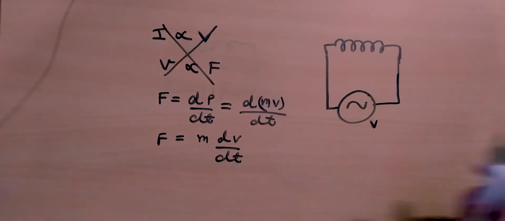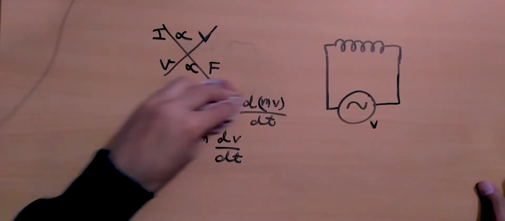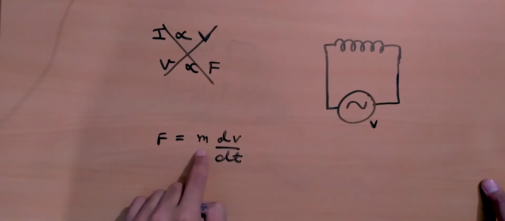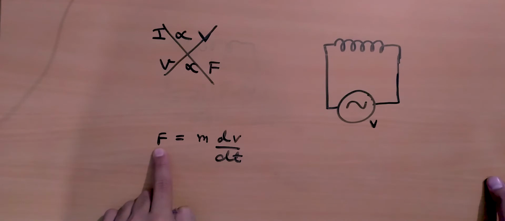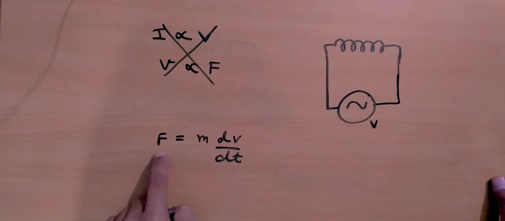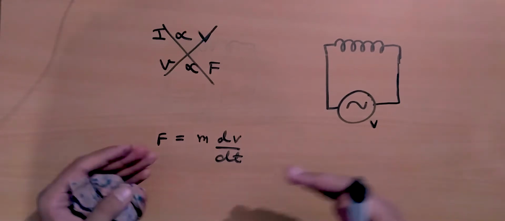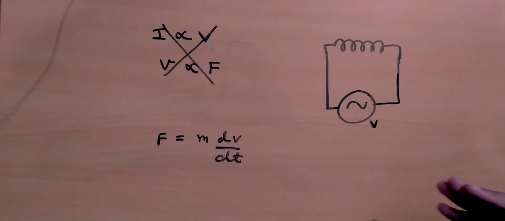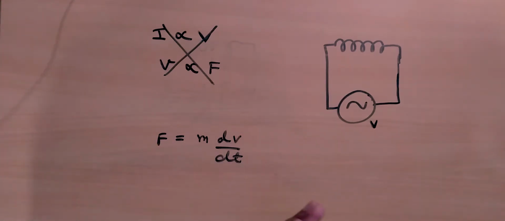Now removing the intermediate steps, let's focus on this. m is a constant, ignore that, but this tells me that the rate of change of velocity is proportional to force. So a higher force doesn't mean a higher velocity, it means a higher rate of change of velocity. I hope you can understand the difference.